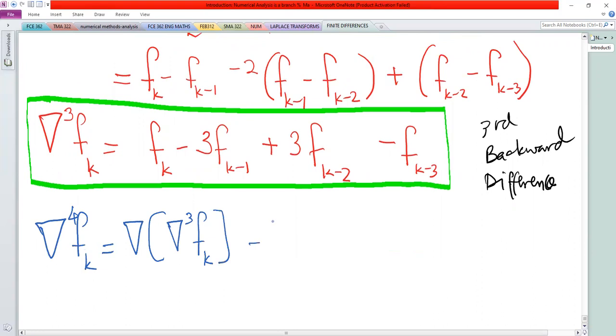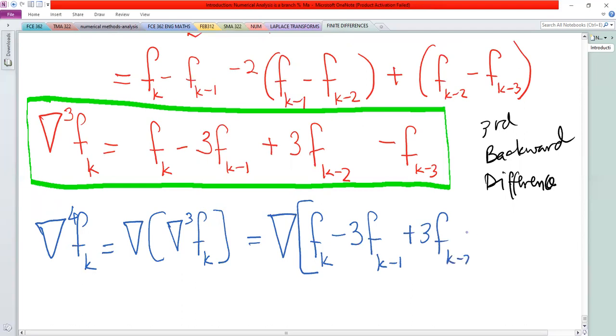So which will be backward of, we have the answer to this, fk minus 3 fk minus 1 plus 3 fk minus 2 minus fk minus 3.